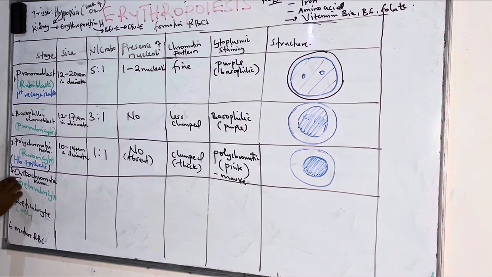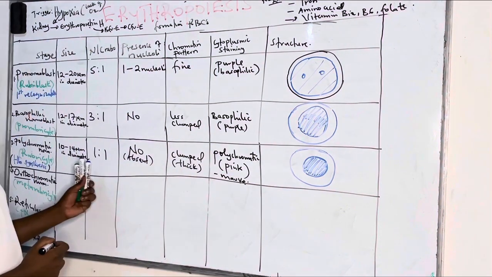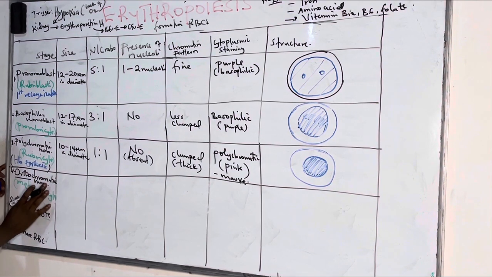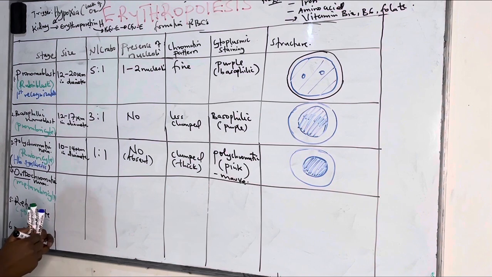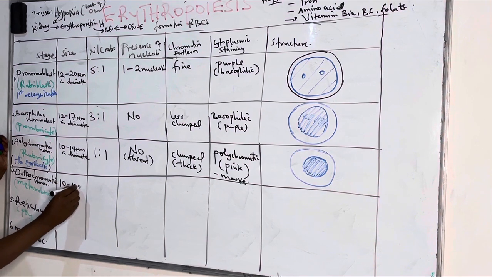So under orthochromatic, or what we call metarubricite, we want to see that we saw HB synthesis began at polychromatic normoblast stage, but at orthochromatic here we are going to extrude our nucleus, and the cell we say it is pycnotic, whereby the size of the orthochromatic stage is 10 to 12 micrometer in diameter.